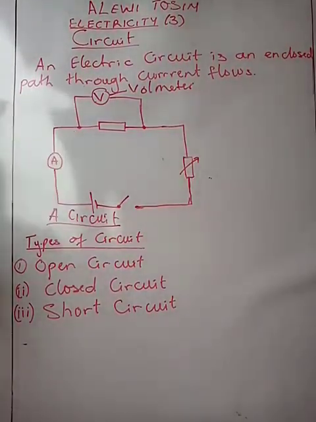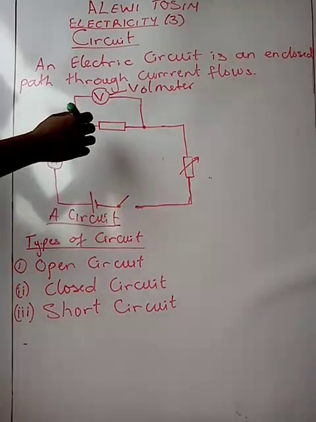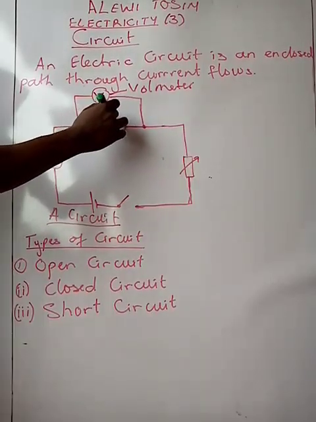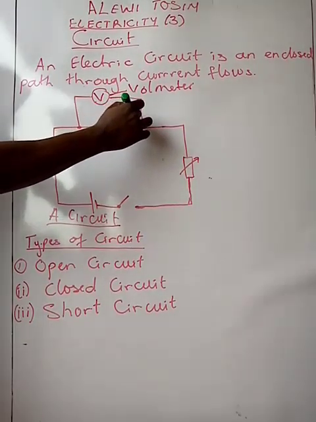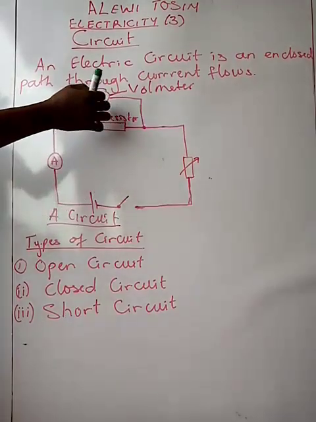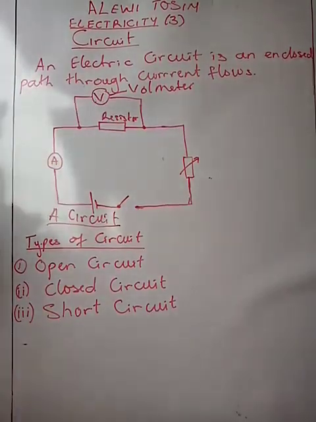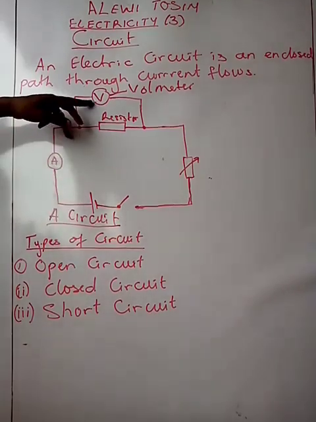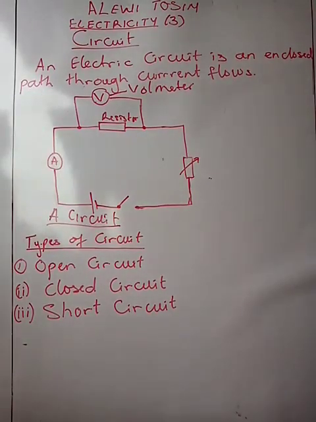And we have this as a standard resistor. The voltmeter is always connected in parallel. This is a parallel connection. When we get to parallel types of connection, we will explain more about that.